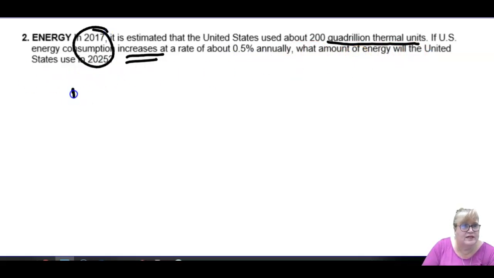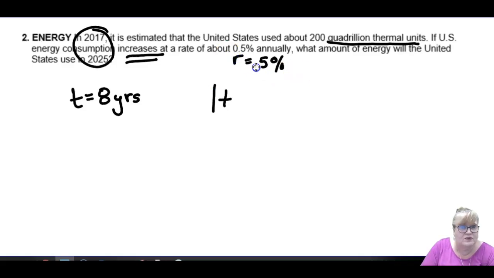So here we need that time is the difference of those, which is 8 years. It doesn't say continuously, so we're just going to use 1 plus. Now, if R is 0.5%, when we move the decimal back twice, we get that it becomes 0.005. And it's annually, so it's not like a compounded question.